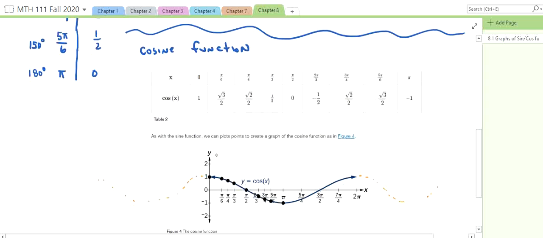And again, in the negative direction it goes too. Again, in here, you can see that our period P equals 2 pi, and our amplitude equals 1.